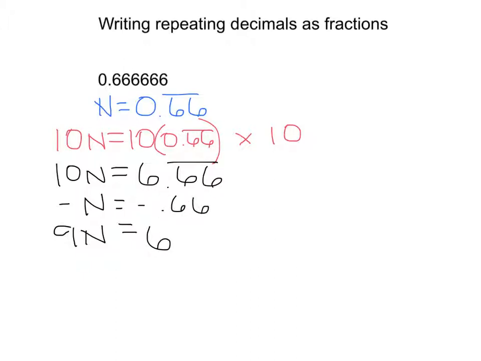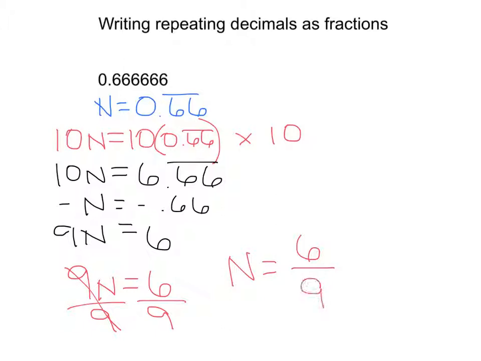So now we have 9n equals 6. If you divide both sides by 9, you get n equals 6/9. And if you enter this into a calculator and do 6 divided by 9, you would get 0.66666 repeating.